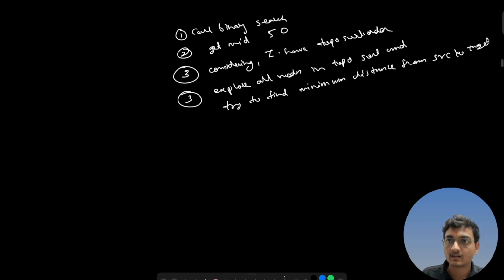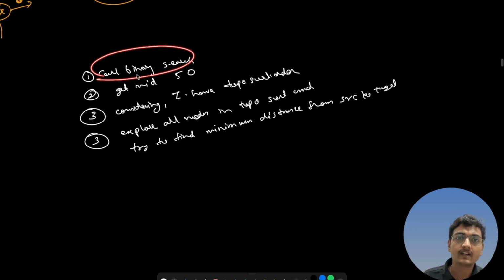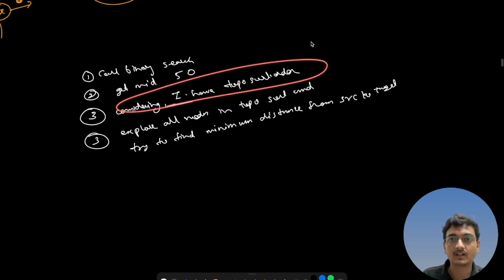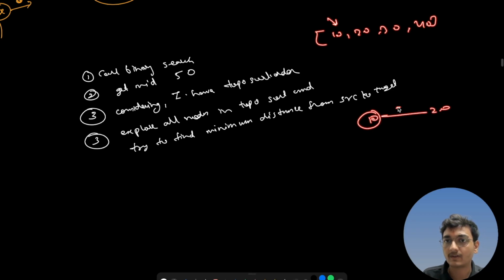Let's try to understand what we are doing in this toposort. Binary search gives me a mid, and according to that mid, I have the toposort order already. Let's say my toposort order is 10, 20, 30, some nodes. I will go to 10 and ask what all edges you have. You are connected to 20, with what value? It says 50. Then yes, I will consider it. If it says I am connected to 30 as well, but with 25, I will not consider it.